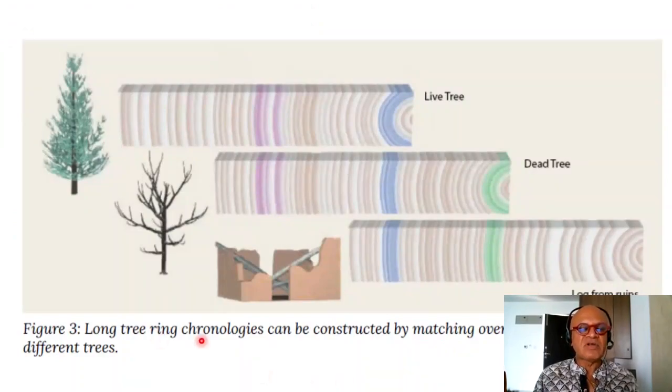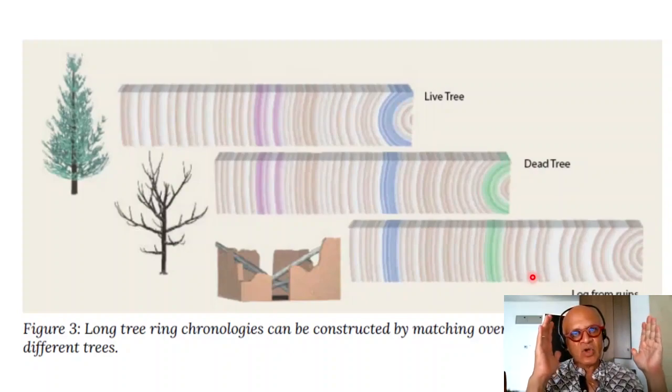So this is an example of how long tree ring chronologies can be constructed by matching overlapping patterns of different trees. So this is a live tree, this is a dead tree, and this is one that is recovered from long ruins. So it grew at some point, it died, and it got buried in sediment or somewhere that you can dig up and time it, and again look at the tree rings.